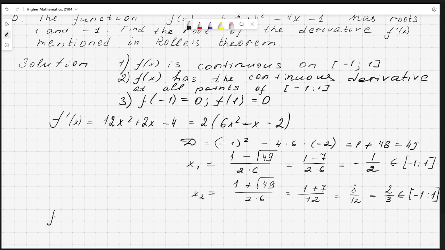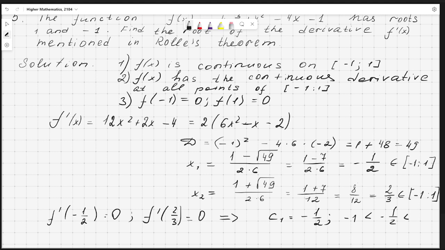It means f prime of minus 1 over 2 equals 0 and f prime of 2 over 3 equals 0 too. The point C first equals minus 1 over 2 and C second equals 2 over 3.